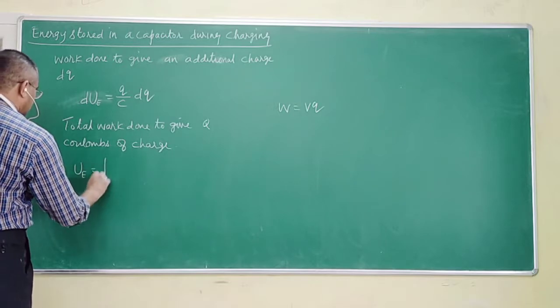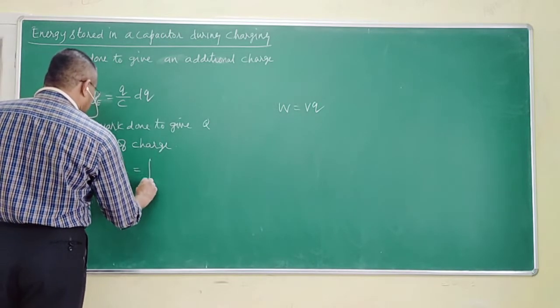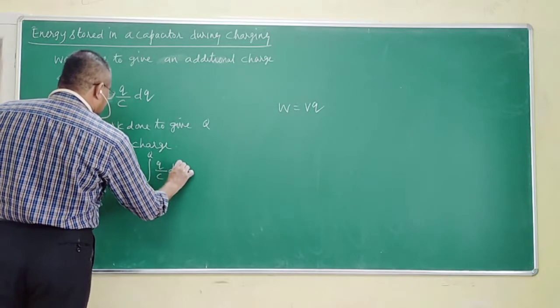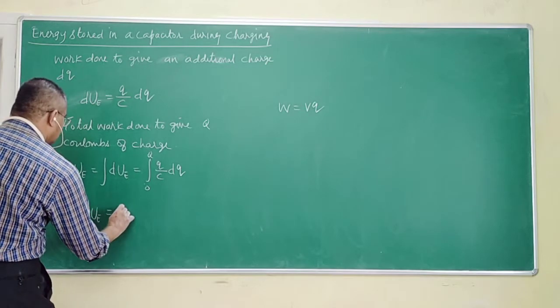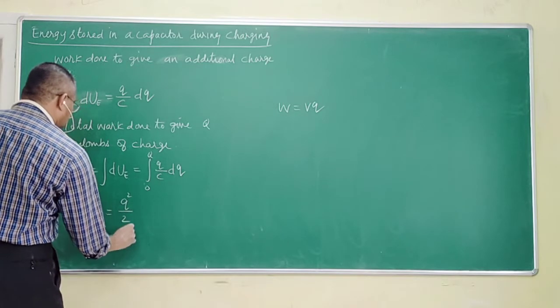U_E is the integral of dU_E, integral 0 to Q of q by C dq. U_E, this will be Q squared by 2C.